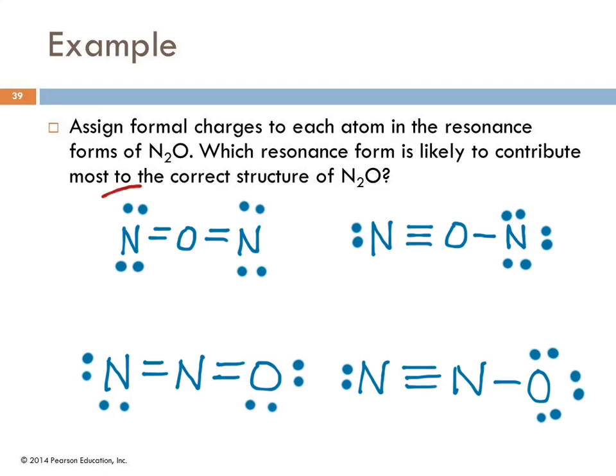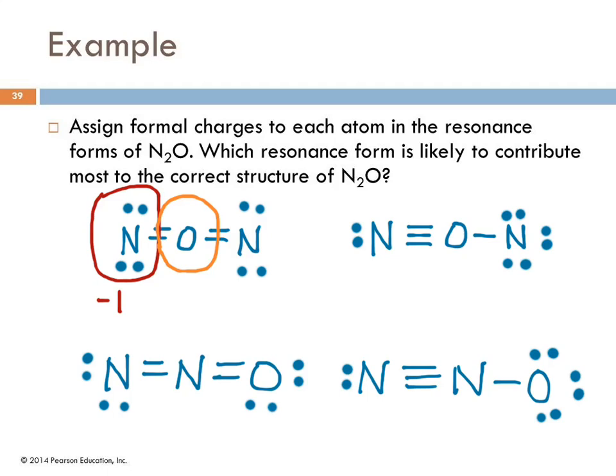So here, for this nitrogen, we know that nitrogen has 5 valence electrons. How many does it own in this circle? 6. So 5 minus 6, this has a -1 formal charge, right? And we'll do oxygen in orange. Oxygen brought 6 electrons in, and how many does it own in the structure? 4.